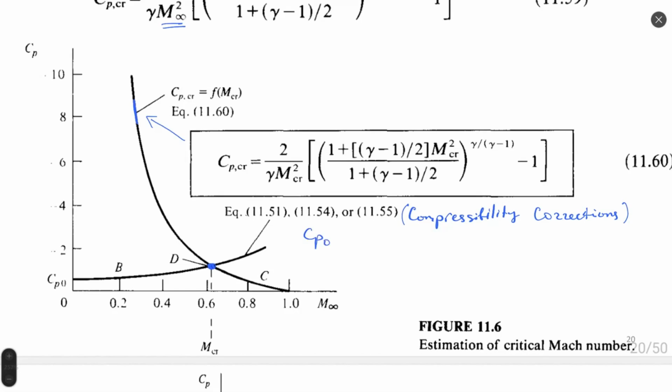CP0 is inside any of these equations, and it is a characteristic of geometry. So geometry is inside CP0, even if it's constant. In such a way, we involve both geometry data and the nature of flow, isentropic flow, and we find exactly the point of critical Mach number, which corresponds to Mach 1 at some arbitrary local point.